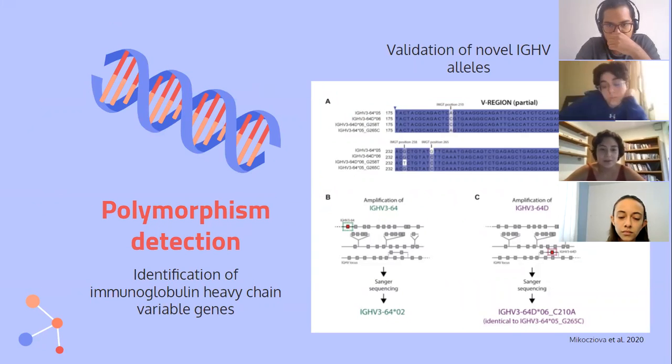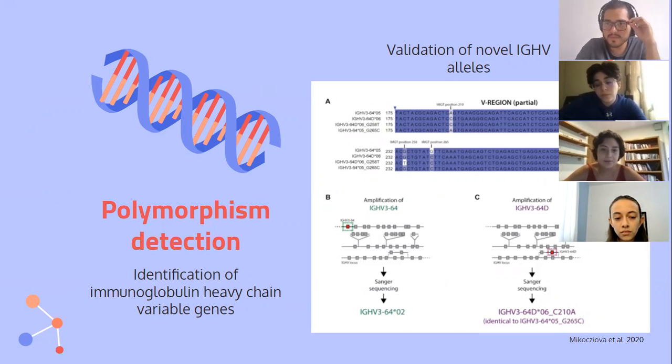In the next slide, the Sanger method was used in immunoglobulin heavy chain variable gene allele detection. In this paper, the researchers wanted to identify new alleles, and in order to do so, they used next generation sequencing. However, they still used the Sanger method in order to validate these new alleles.